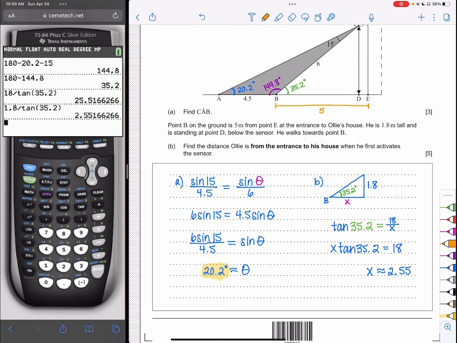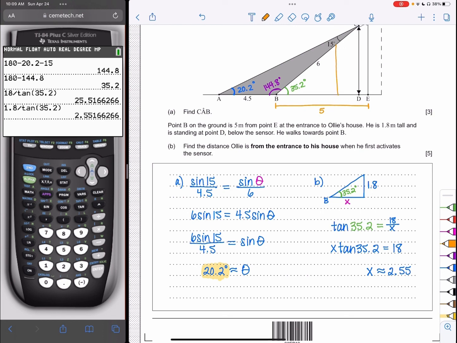So that 2.55 is a little bit over half. So I would say halfway, so it is approximately maybe right here. All right, so that's approximately 2.55.